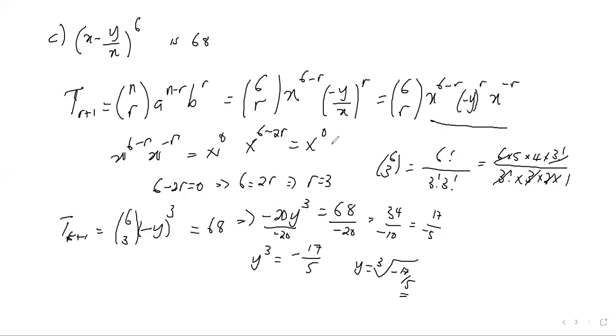So we collect all the x's and make sure that the power of that x is 0, because if the power is 0, then our term won't have x. As you can see, this term here doesn't have x, because the power of x here is 0. That's when it becomes 1 in this case. So here we are forcing it to become 1. That's why we have put the power to be 0. And so we have equated 6 minus 2r to 0 to make sure that the power of x is 0.